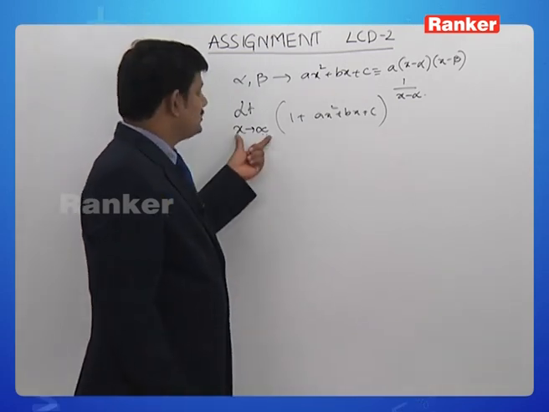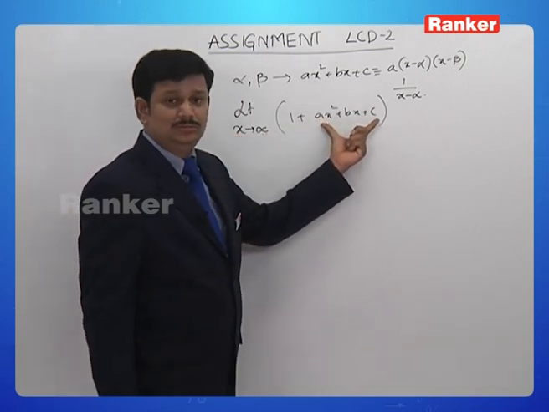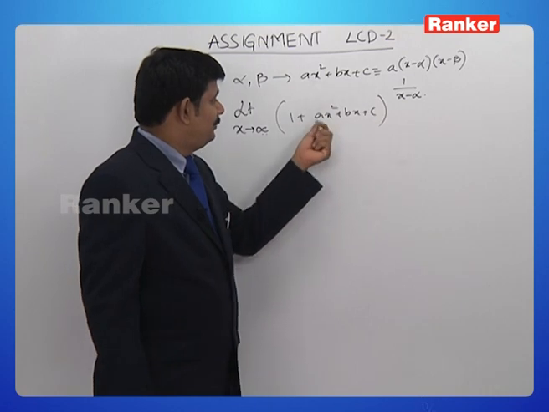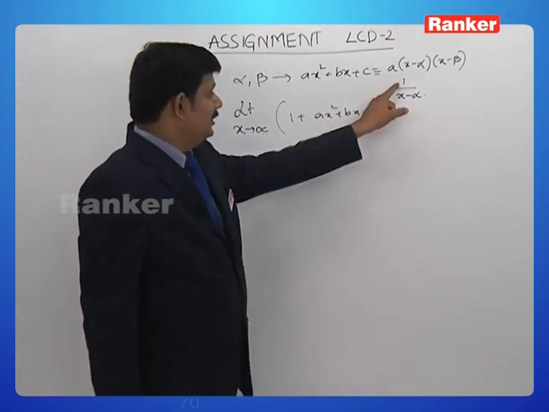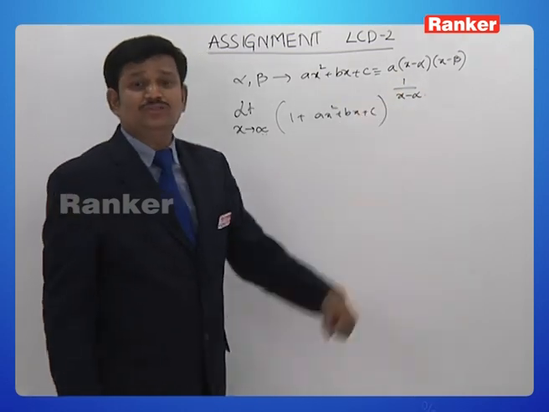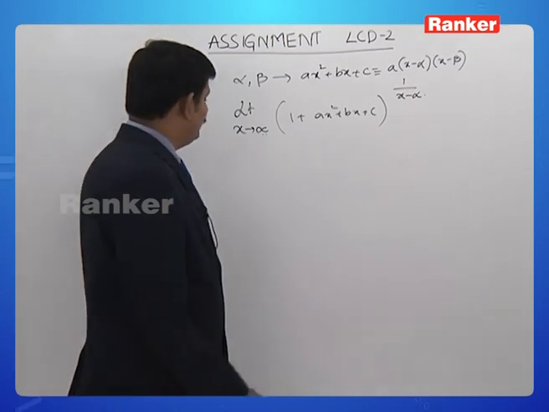Now, as x tends to alpha, ax square plus bx plus c tends to 0. So, 1 plus ax square plus bx plus c tends to 1 and the power tends to infinity. So, this is a 1 power infinity form.